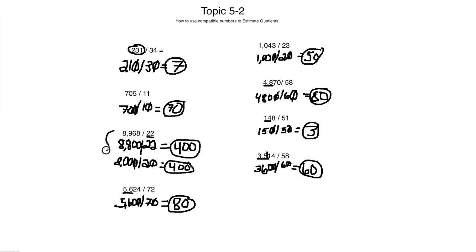Now this one was a rare case. It didn't matter how you estimated it with a compatible number, the quotient still came out to 400. So hopefully this helps you when we work on the problems tomorrow.